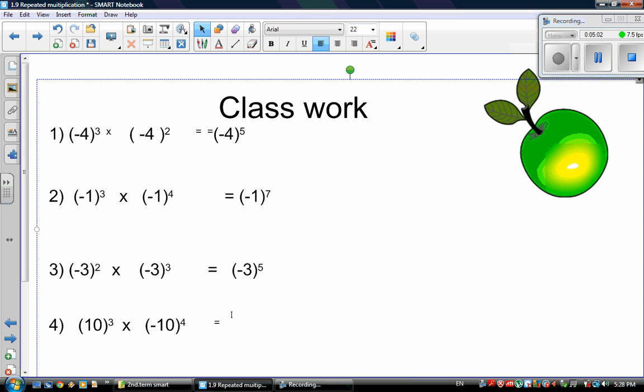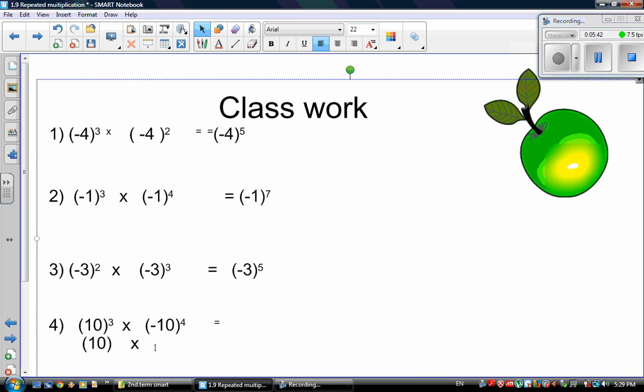Let's go to exercise number 4. 10 to the power 3 multiplied by negative 10 to the power 4. If you have different bases like 10 and negative 10, try to get equal bases. We keep 10 to the power 3 as it is. This other base is negative and the power is even.